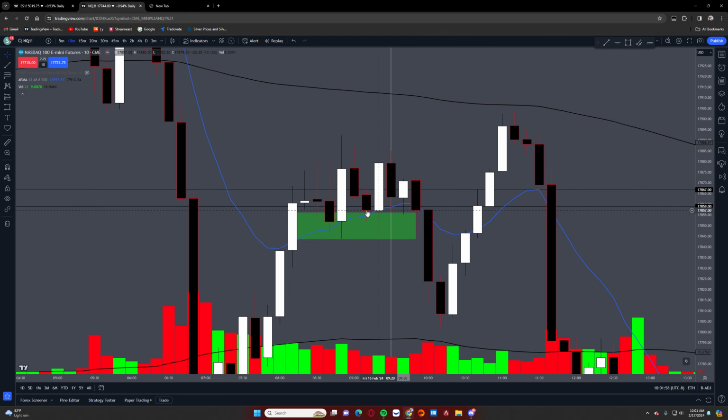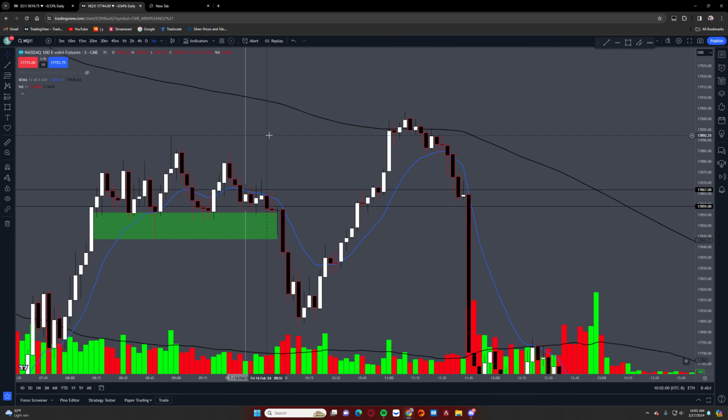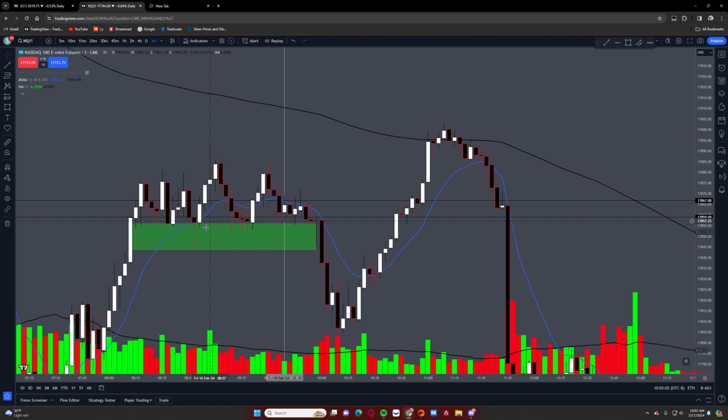It was one of the two, but that was my entry point right there. I was playing the bounce of the EMA for a quick 8 points, 2 contracts, easy get in, get out. So that's the first trade. I was just playing kind of the bounce of the supply zone, bounce of the trend line, bounce of the EMA, just kind of riding the trend on what was going on during that time.